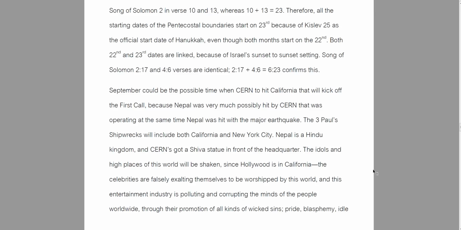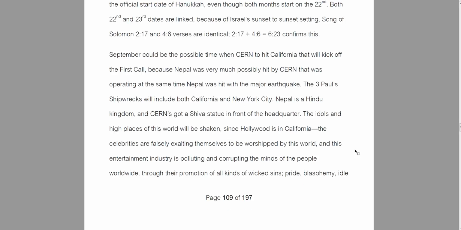And so that's why September could be the possible time when the three plus shipwrecks happen, and so why California and New York City are the targets of judgment, because the idols and high places of this world will be shaken.